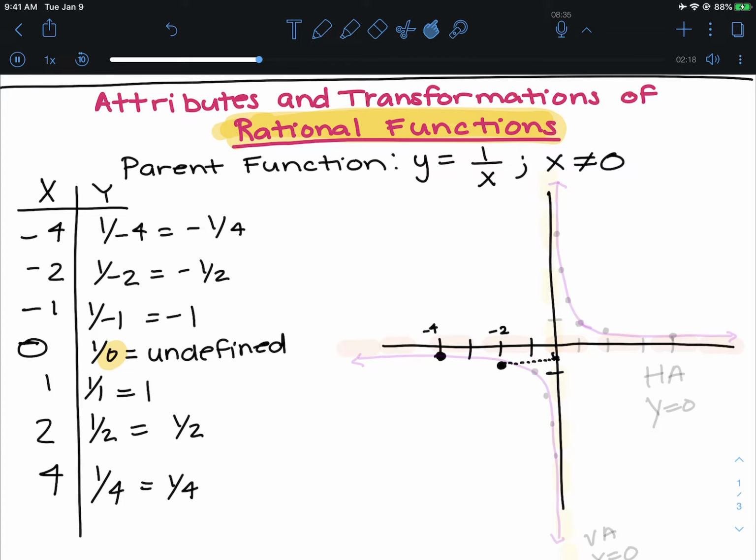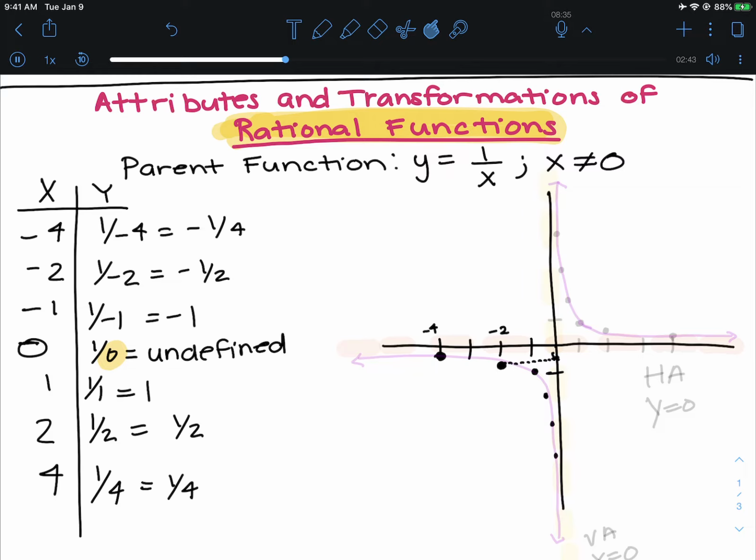And then -1 goes with -1, so right there. And then I have 0. Well, 0 is undefined, so I'm not going to do anything there. Now I should probably use smaller values, but technically what's going to happen is that it's going to keep on going smaller and smaller here like this. And so you get something like that.